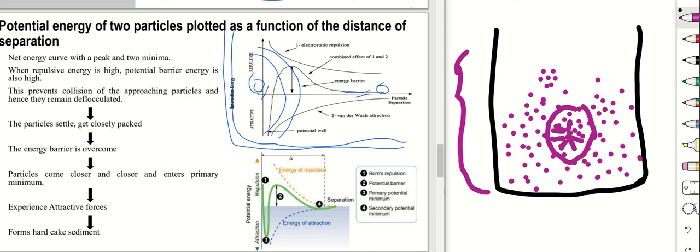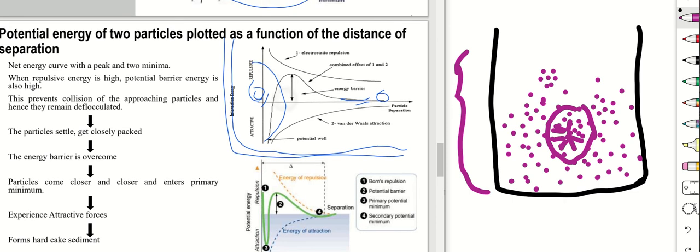When we are considering two particles, these two particles have both repulsive forces and attractive forces based upon the charges they possess.